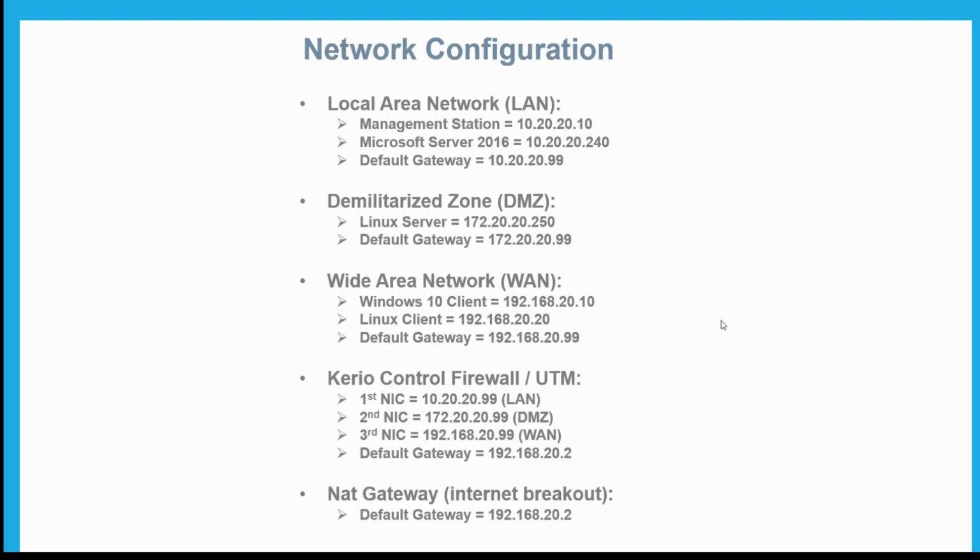And finally, the third network interface card, which will belong to the wide area network, will have an IP of 192.168.20.99. We'll configure the firewall with a default gateway of 192.168.20.2. That default gateway actually is the IP address of the NAT gateway.